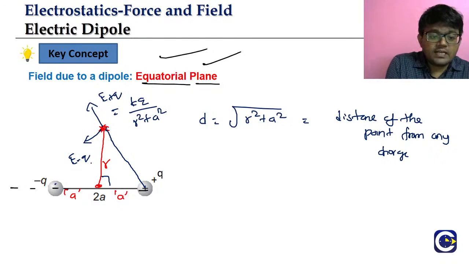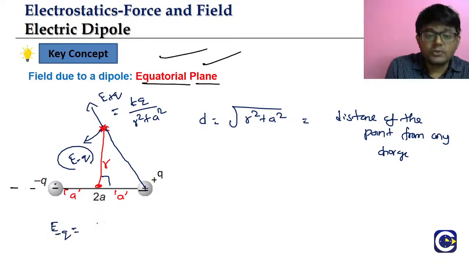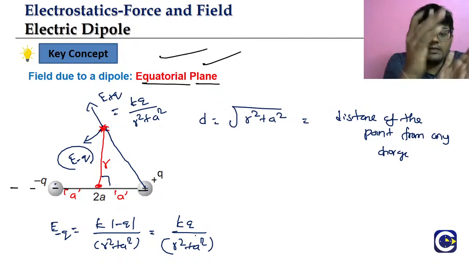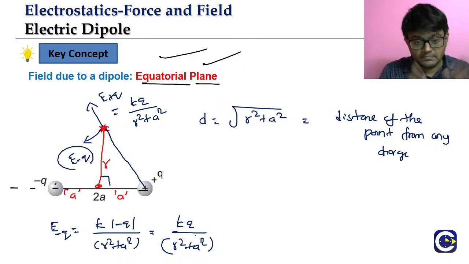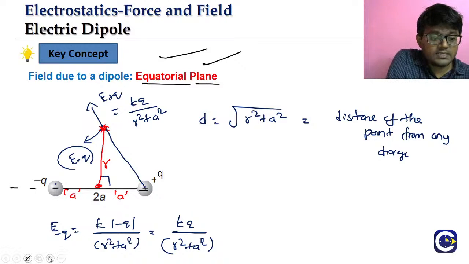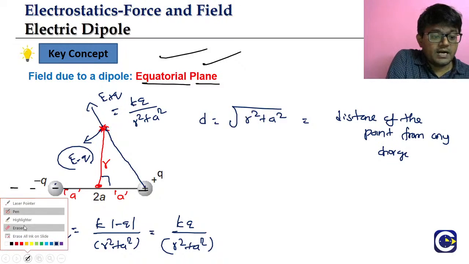Similarly, the magnitude of this electric field is k into modulus of minus q by the same distance. So the magnitudes of those two electric fields are the same, because the point we took is on the perpendicular bisector, or the equatorial plane.